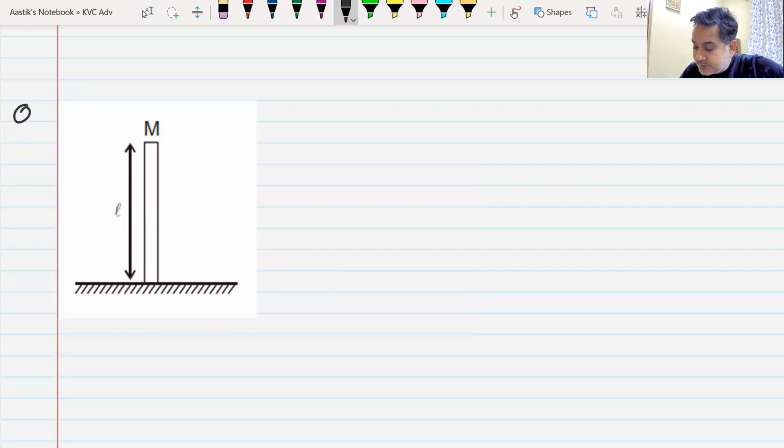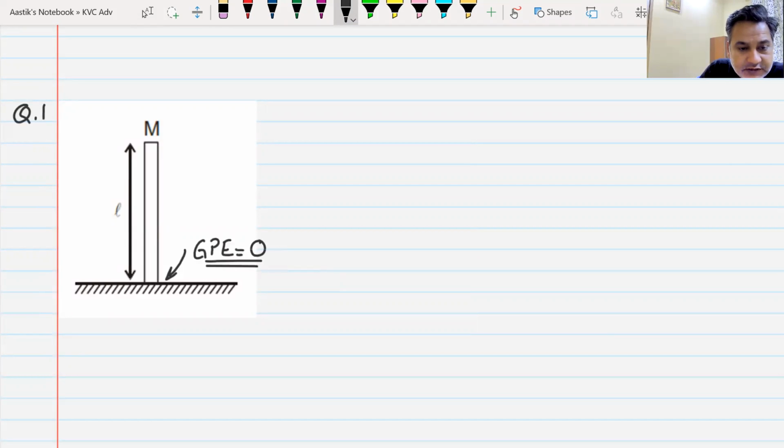Let us say, for an example, if I take the potential energy of ground as 0, what can I take the gravitational potential energy of this rod? Any idea? So how do I find the gravitational energy of this rod?